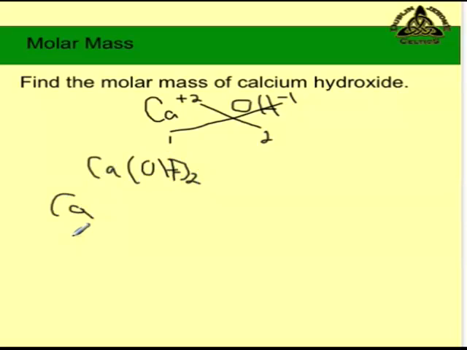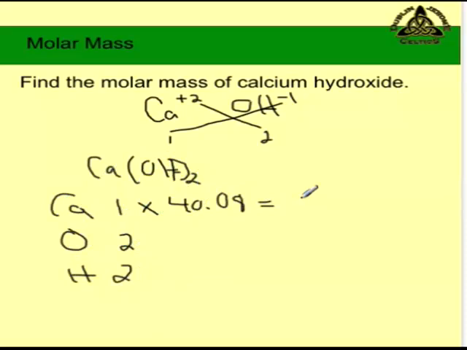So if we're going to find the molar mass of calcium hydroxide, let's list our atoms. We have calcium, we have oxygen, and we have hydrogen. We have 1 calcium, we have 2 oxygens, and we have 2 hydrogens. So if we find these atoms in the periodic table, we will notice that calcium has a mass of 40.08.